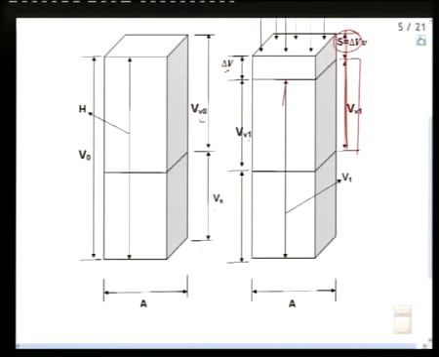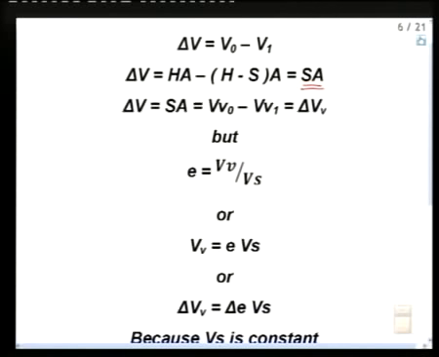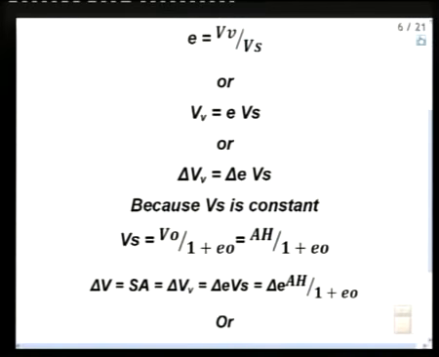Okay, now we go back here. So delta V equals Vv naught minus Vv1, which is delta Vv, I called it that because it is related to voids. Now, I know that e is Vv over Vs, right? This is the void ratio, volume of voids divided by Vs. So I can write it in another way: Vv equals e multiplied by Vs, right? Just substituting.